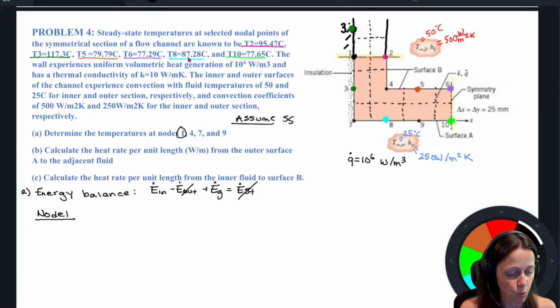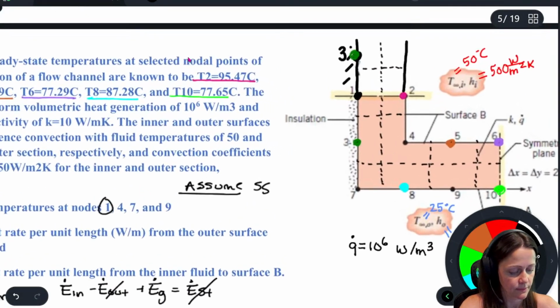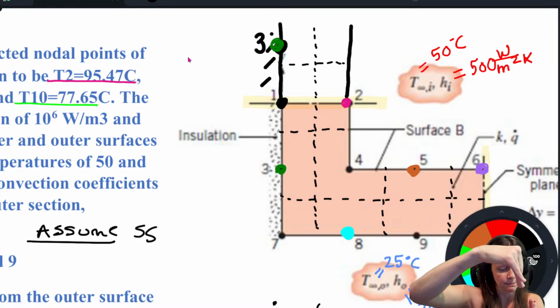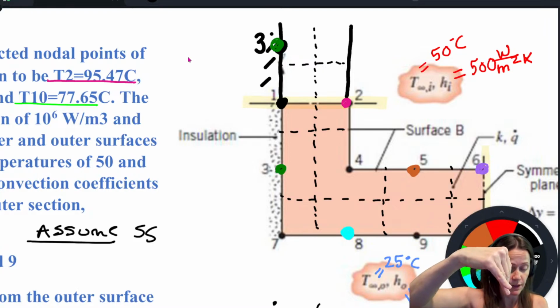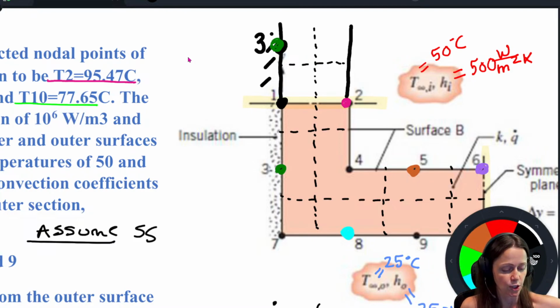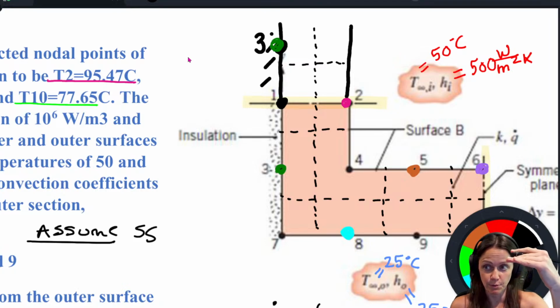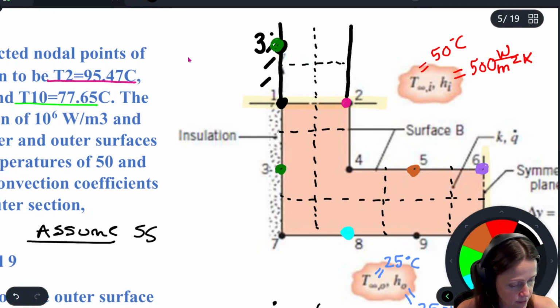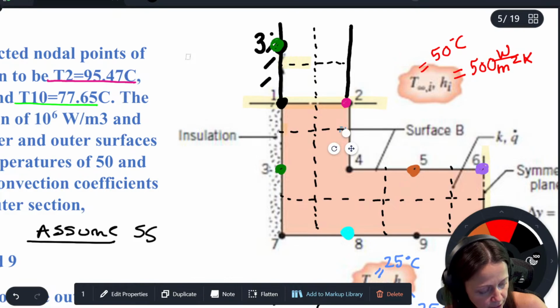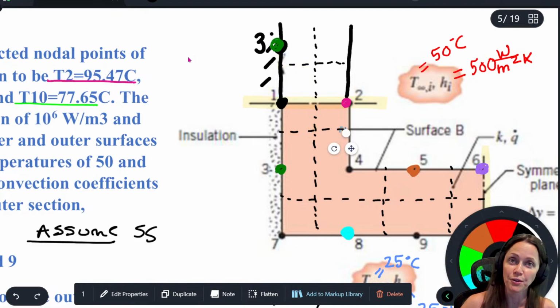So looking at node 1, taking advantage of symmetry, I'm going to have conduction coming from the top and the bottom, both going through a half area, so essentially a whole area. And then I've got a q coming from node 2, and that's going through a full area. Half area, add them together, it's a whole area.